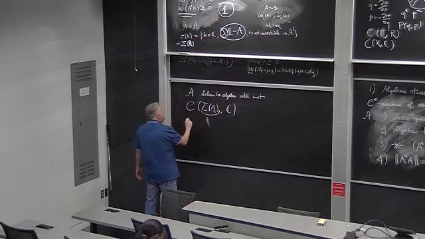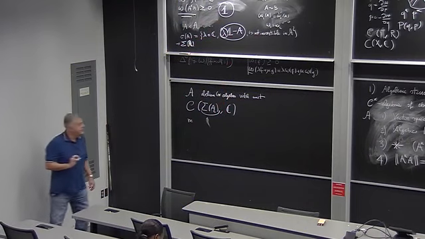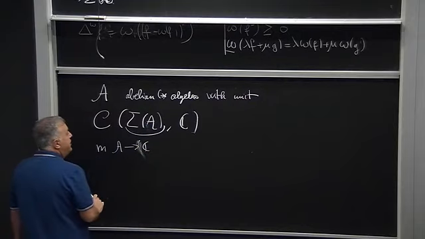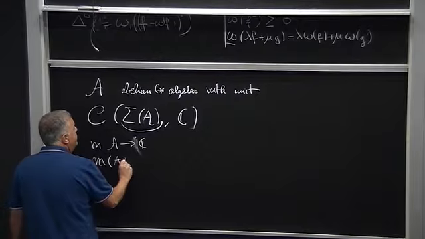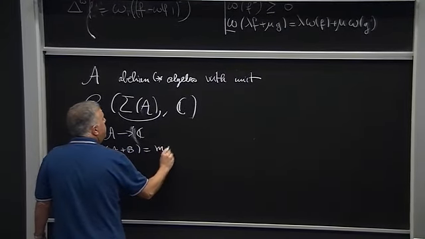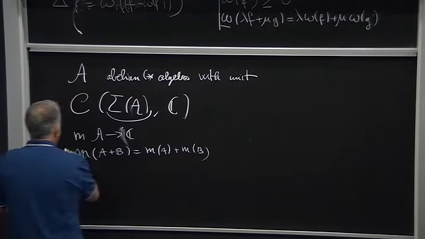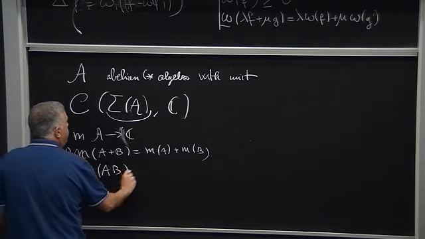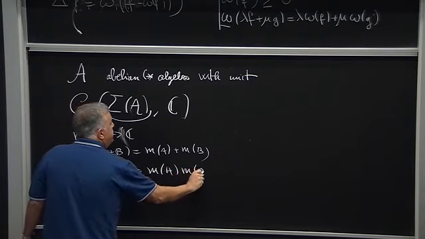Let me tell you what the spectrum of the algebra is. It is the collection of characters on the algebra, meaning functionals from the algebra to the complex numbers which are linear and multiplicative. This is because the algebra is abelian. This is the Gelfand spectrum of the algebra.